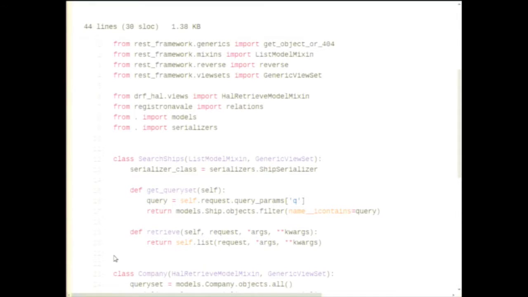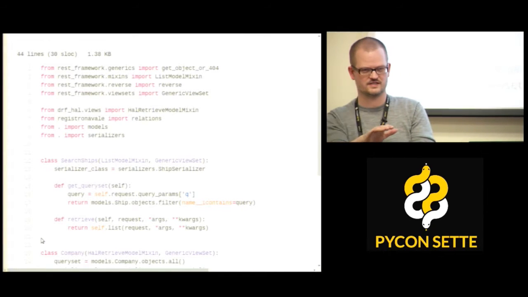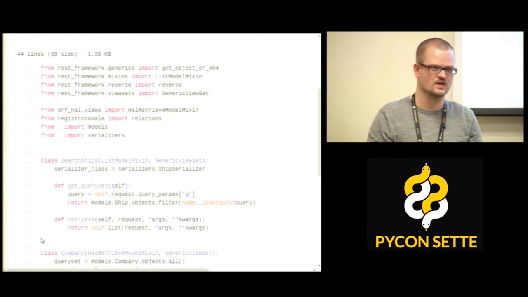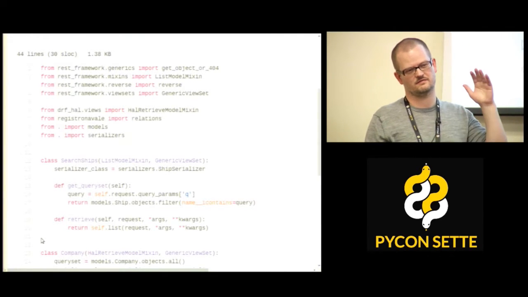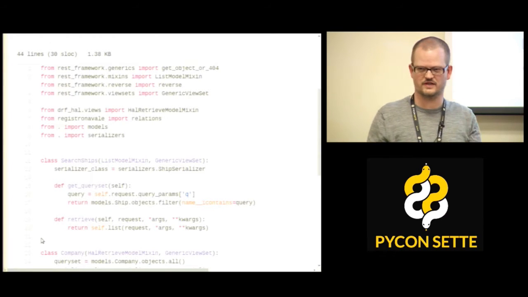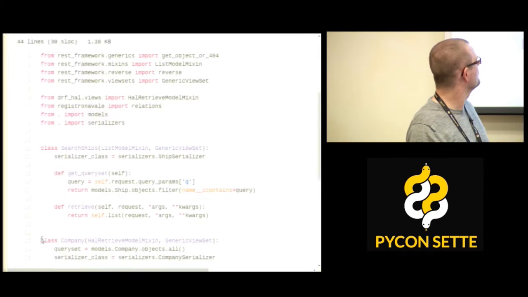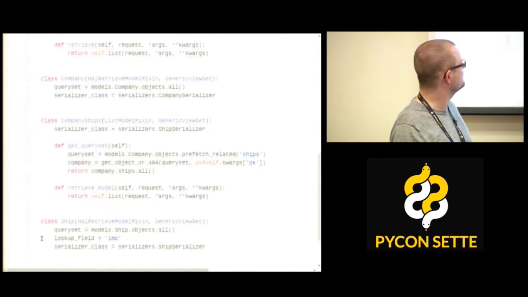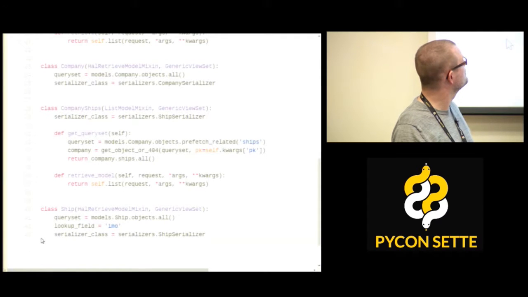So again, django-rest-framework has a standard way of just handing over whole lists of objects to the API. So the views are basically exactly like Django, just the glue between the models and the serializers. Anything interesting? The rest is basically exactly the same.